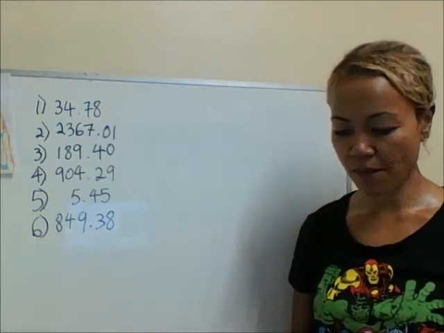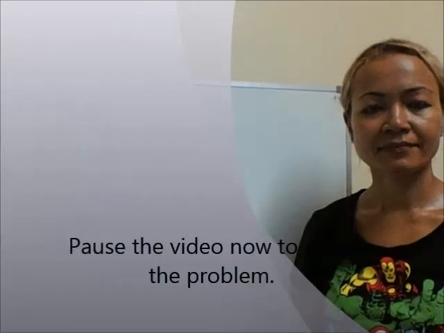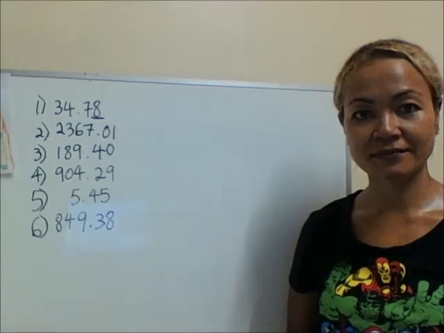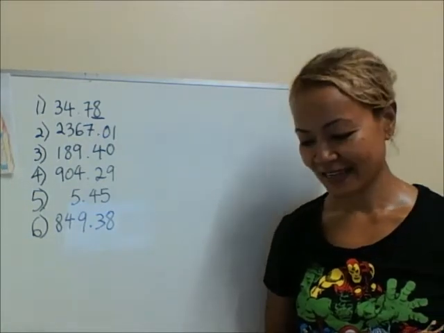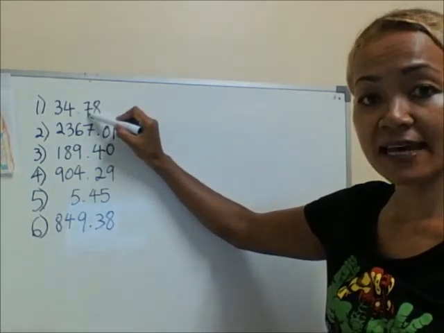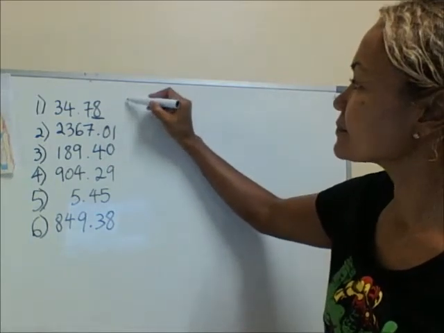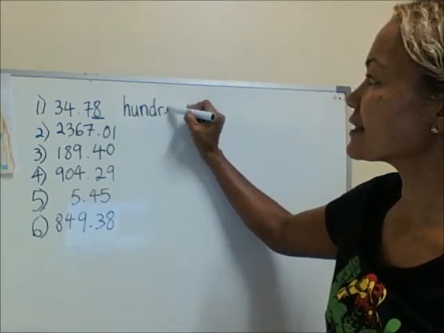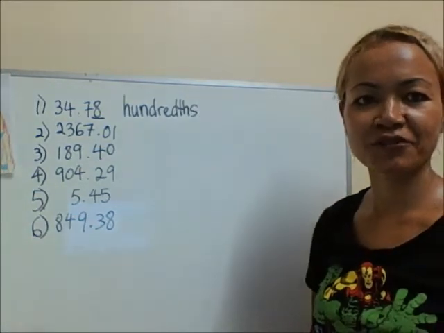For the first question, I have underlined 8. So I'll give you time now to answer the question. Did you get it? Okay. That is after the decimal place. The first place after is the tenths, and the second place after is the hundredths. Hundredths.